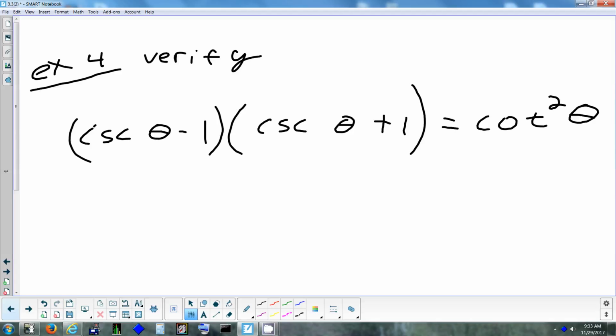What do you call those 2 things on the left? Cosecant minus 1, cosecant plus 1. Yep. They're conjugates. And what operation are you doing with them? You're multiplying. That's perfect. Anytime you have conjugates and they tell you to multiply them, good things always happen. So let's FOIL it out on the left and see what we get.